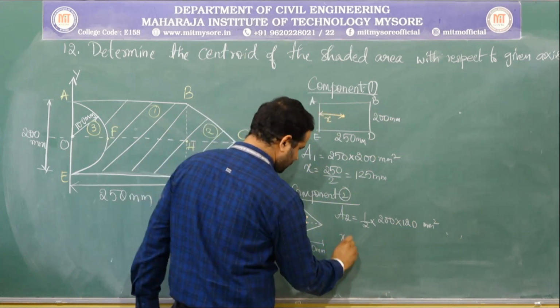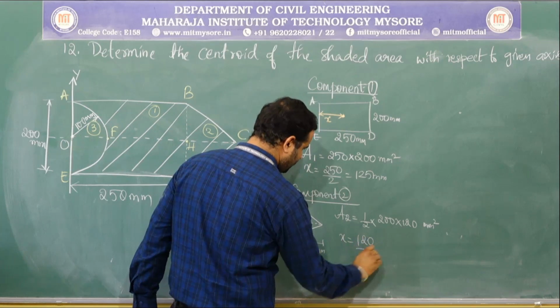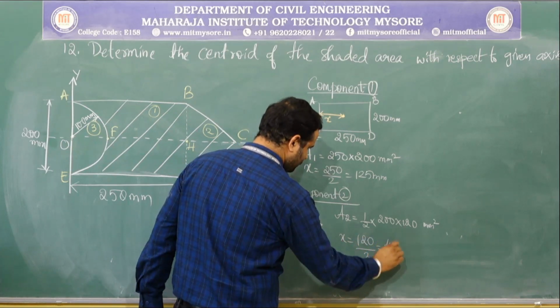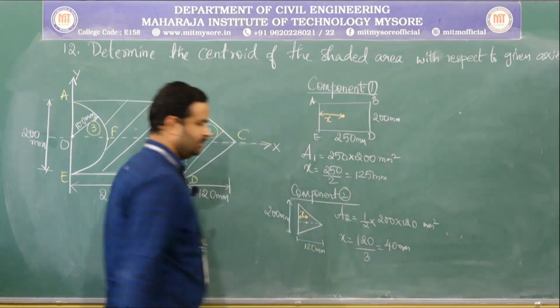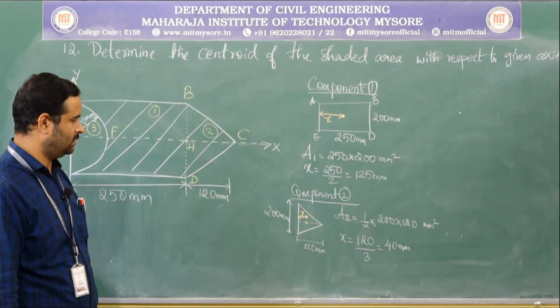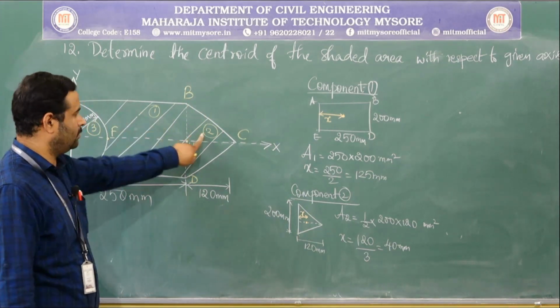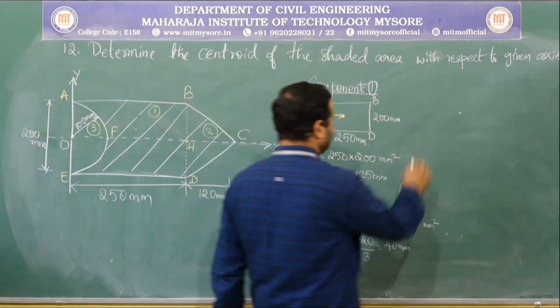Then its x component is equal to 120 by 3, which is equal to 40 mm. Okay. So, component 1, component 2 is over.